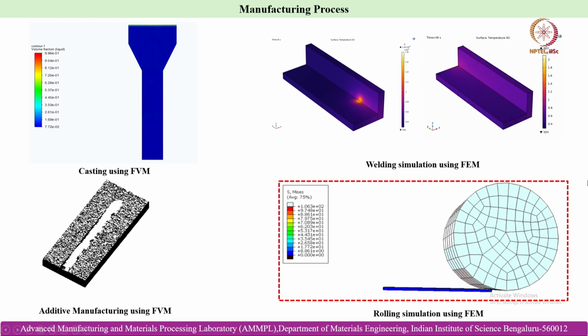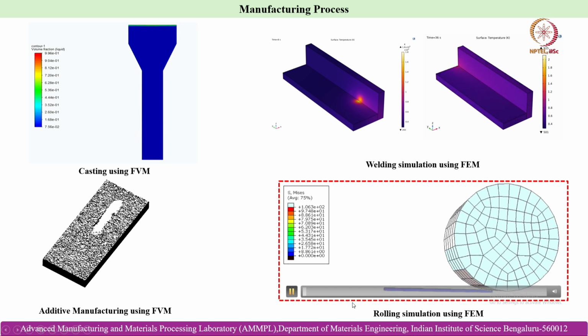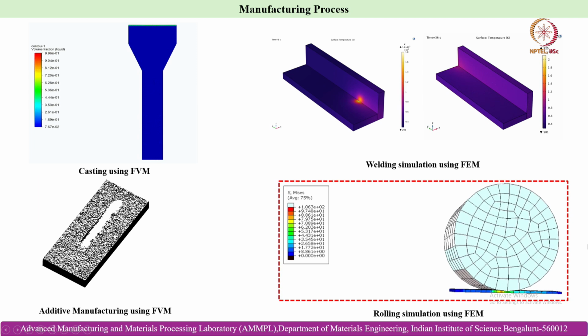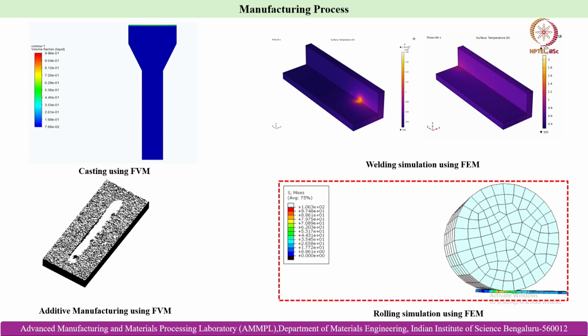Process modeling is important in many ways, because it deals with the prediction of the best set of parameters which can be considered to achieve the desired quality characteristics in the developed cast part, welded part, or formed part, and even additive manufactured part.